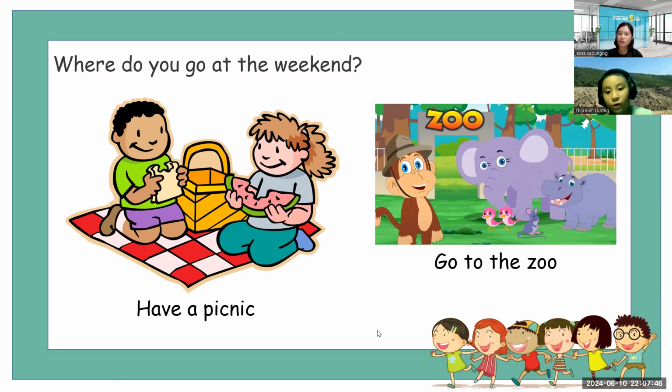Okay, you go to the zoo. What can we see in the zoo, Tony? What can we see there? I see some monkeys. Monkeys. What else? Some giraffes. Okay, what else?